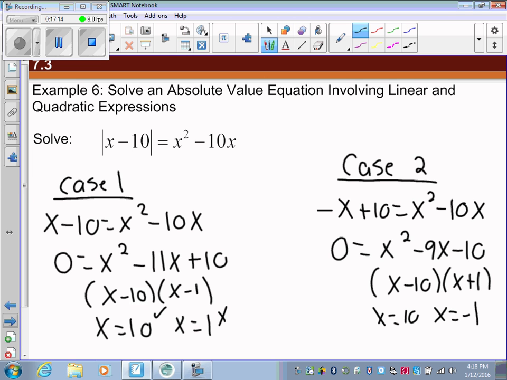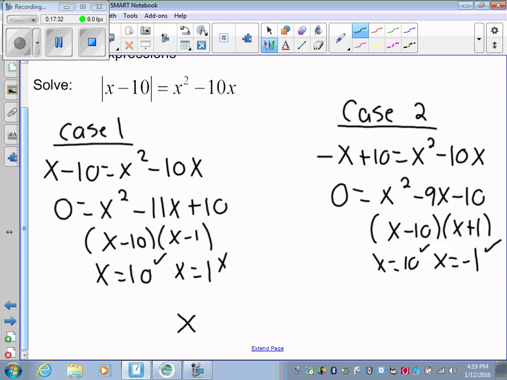We already tested that one out, and 10 squared, so that one's okay. And negative 1 minus 10 is negative 11, or 11, since it's the absolute value. Negative 1 squared is 1, plus 10 is also 11. This one works. So our final answer is x is allowed to be negative 1 and 10. Our solutions, those are the ones that will work.